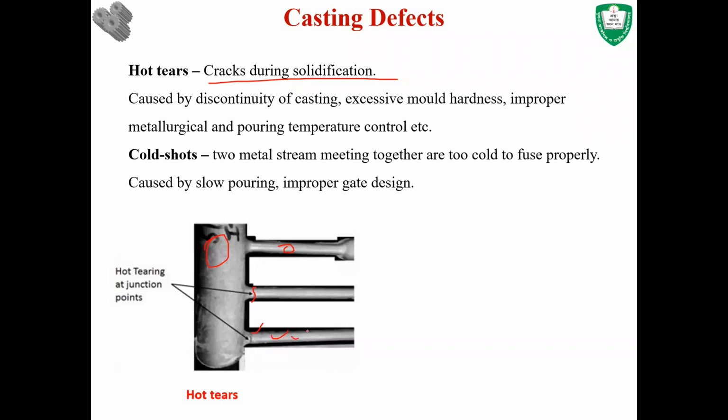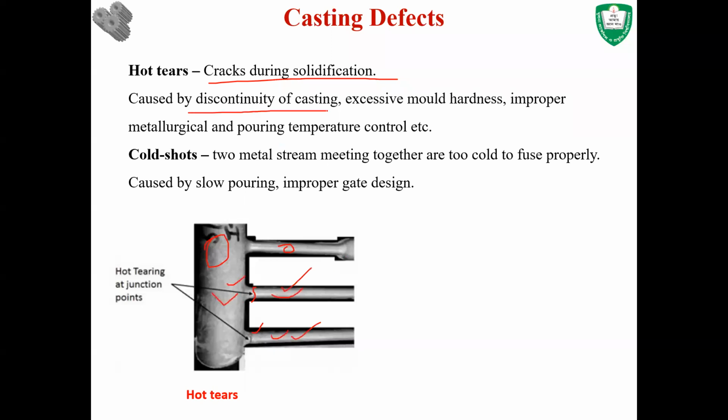That is why the thin sections solidify very quickly, and there is a stress difference between the solid section and the partially solid section. That is why the crack appears, because of the stress difference between thin and thick sections.